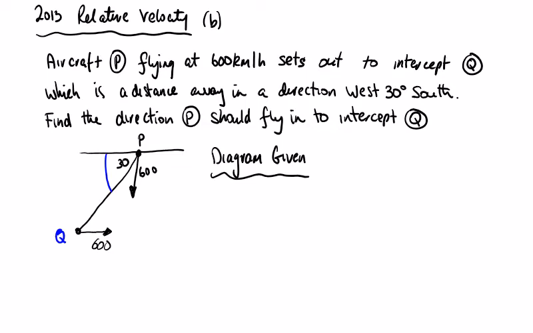If we take another little diagram here, and we have P going down in this direction, we call this the angle A. So the velocity of P is flying at 600, and we can see it's going in a minus direction.